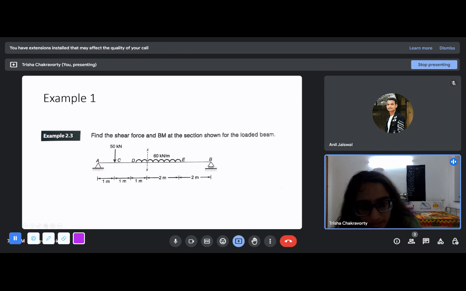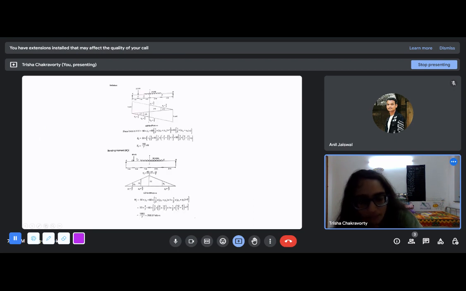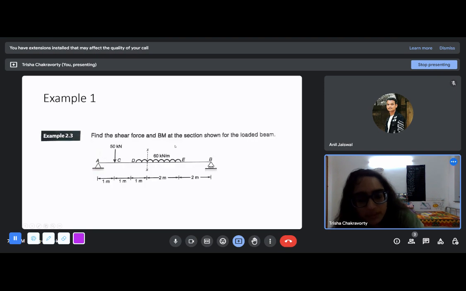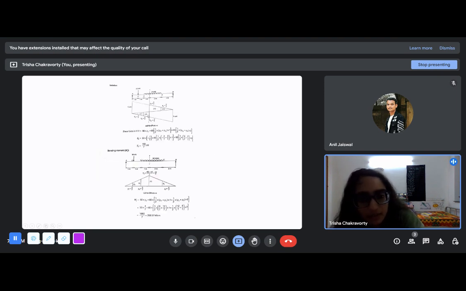This is the portion we are concerned about, where you have to consider the entire portion. This entire zone has some kind of distribution of the influence line diagram, with a negative part and a positive part. So you have to find the total area of this influence line diagram and multiply it with the magnitude.